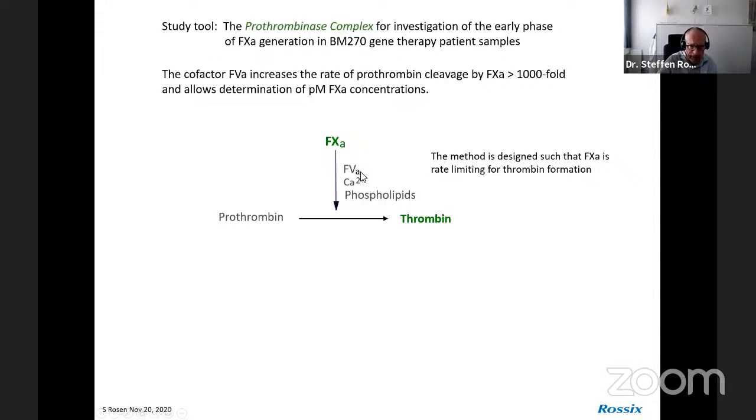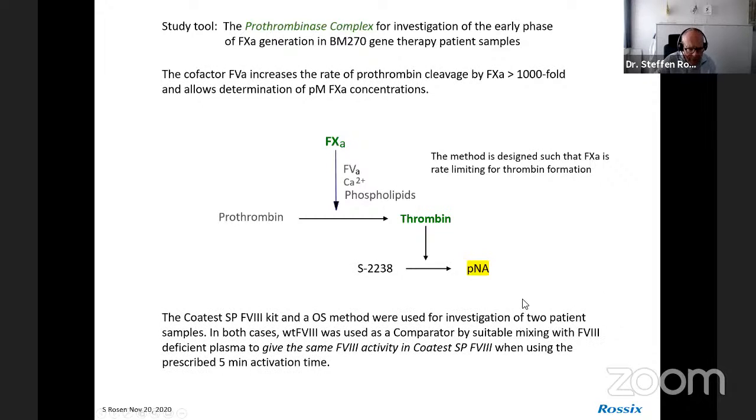The factor 5A cofactor activity raises the 10A activity more than 1,000-fold. This method allows determination of picomolar 10A concentrations, and it is designed such that 10A is rate limiting for thrombin formation. The generated thrombin then cleaves a thrombin substrate to release pNA, and the rate of pNA release is connected to the 10A activity.